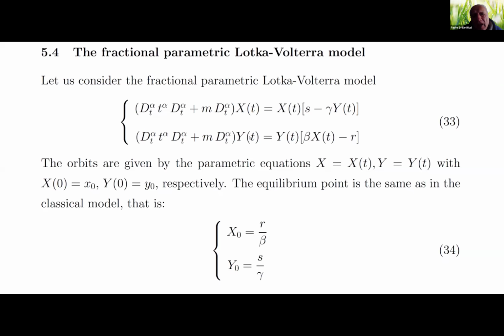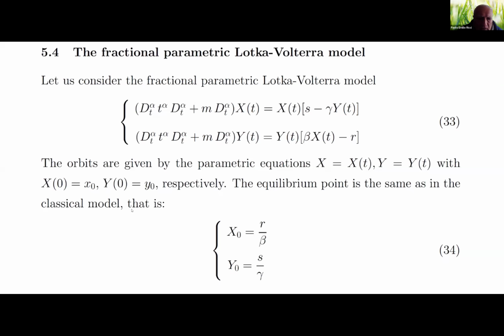Since the solution of this problem cannot be written explicitly, the solution is studied through the so-called orbit of the solution. It's only possible to find the orbit, which consists of closed curves surrounding the equilibrium point, given by x at 0 and y at 0.